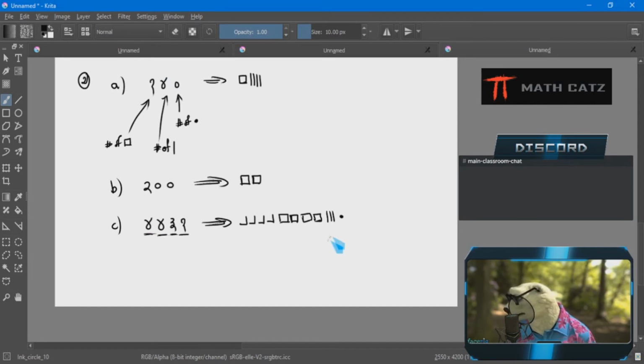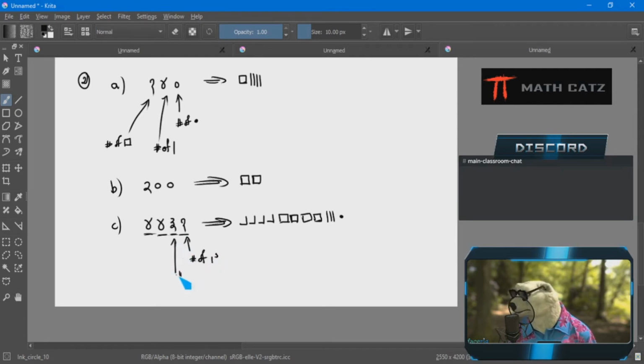Now here, we keep it a little different with the symbols, sure, as well as counting in groups of 5, really, right? Because here we say the number of rocks, it's really the number of ones.